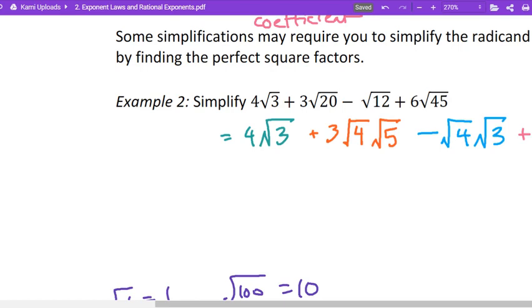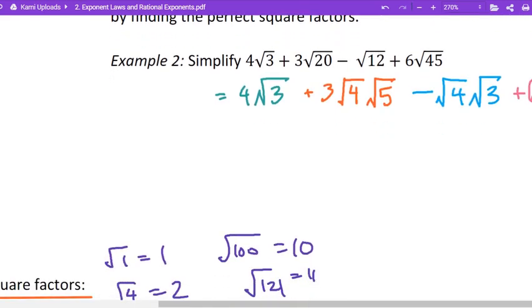Root 9 and root 5. Okay, so now I can take those square roots. 4 root 3 doesn't change. But in the orange expression, I can take the square root of 4. So I get 3 times 2 times root 5.